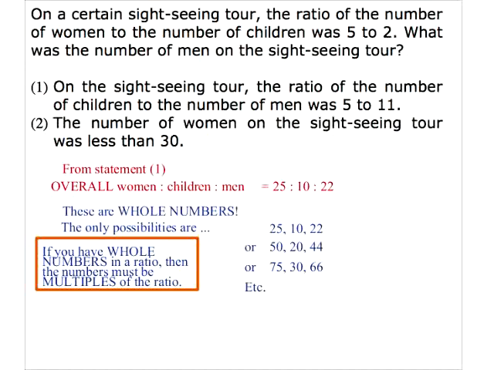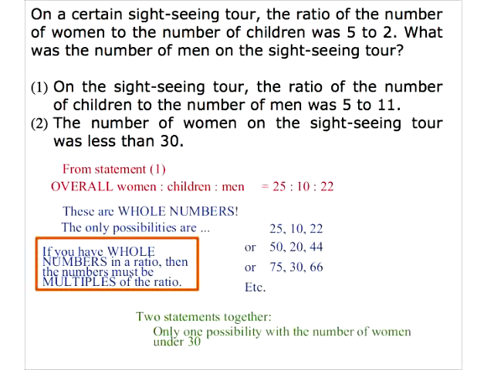So when you take the 2 statements together, this is the secret, they're going to be sufficient together, because there's only one possibility with the number of women under 30, and that's this one. So that means that you actually have to have literally 25 women, 10 children, and 22 men.